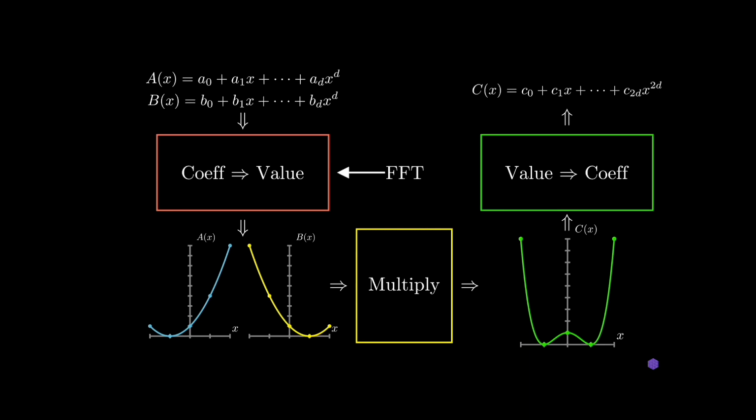The third step is to multiply the values pointwise, and then we apply the inverse fast Fourier transform to convert back to the coefficient representation of c of x. Now I would like to summarize this entire slide in short. This slide outlines the entire FFT polynomial multiplication pipeline. The FFT and inverse FFT have a good time complexity.